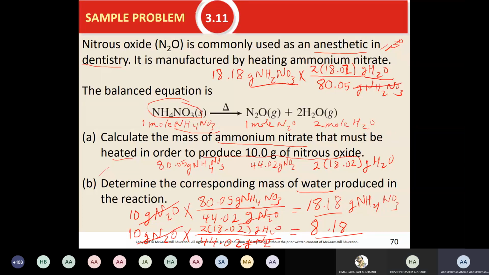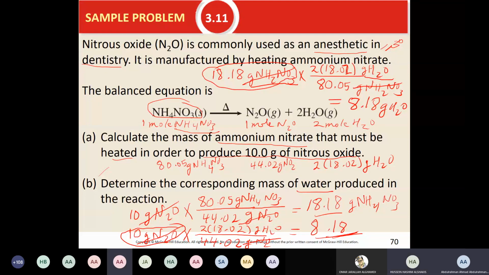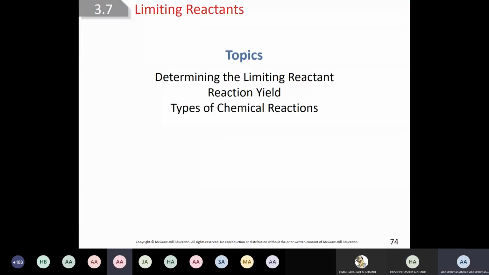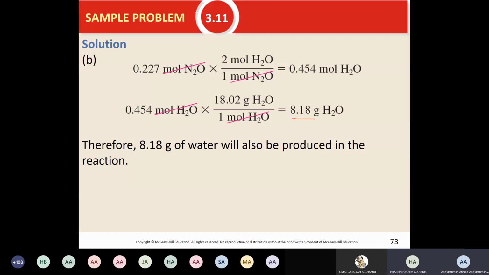This gram NH4NO3 will go with this gram NH4NO3. What's the answer? You will find the answer is 8 gram H2O, which is the same answer here. So whether you do it from this one or from this one, they are related. Everything is related. Good. All right.